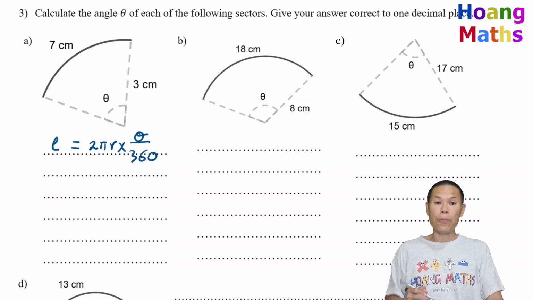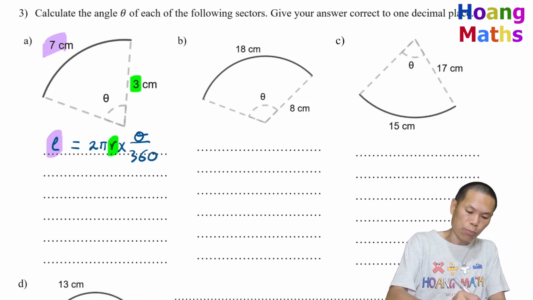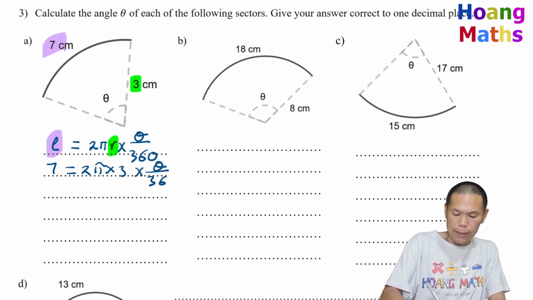So what I do now is I just substitute the value in. L, the arc length, is 7, whereas the radius is 3 centimeters. So 7 is 2 pi times 3 times the angle theta out of 360 degrees.